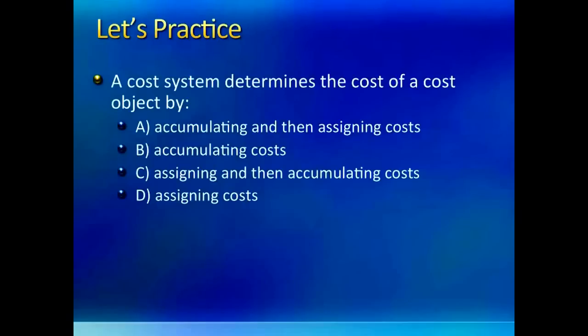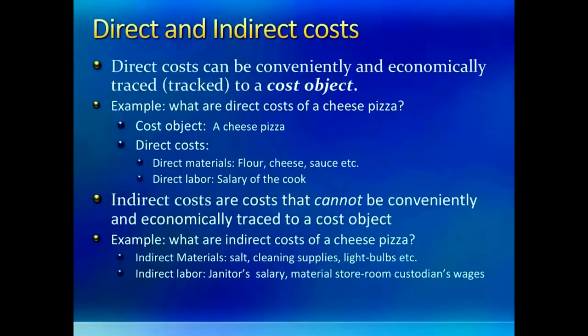But unless the accumulated costs are assigned to a cost object, it won't be helpful. So B is not the right answer. Option C says assign first and accumulate later. That is incorrect. Unless you collect different costs together first, you cannot assign them. Last one assigns without accumulating. Wrong again. So our answer is A.